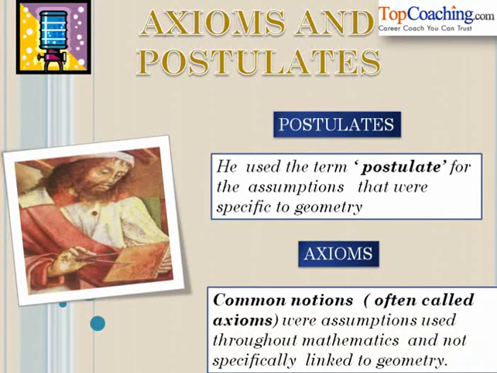Common notions, often called axioms, were assumptions used throughout mathematics and not specifically linked to geometry. You can say that postulates were assumptions used specifically in geometry, but axioms are assumptions that are used throughout mathematics and are not specifically linked to geometry. So that's the basic difference between postulates and axioms according to Euclid.